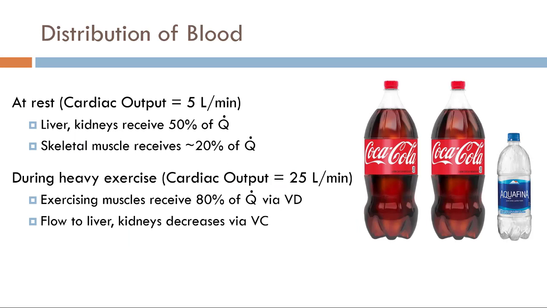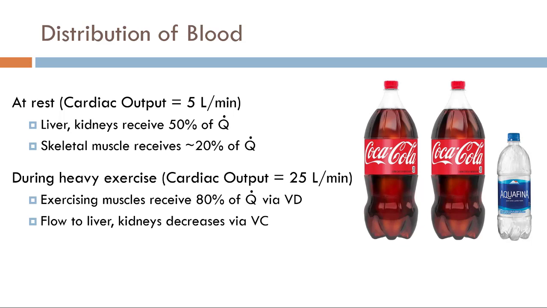Now, at rest, as I said, your cardiac output is about 5 liters per minute, and the rest and digest part of the body, like your liver, your intestines, digestion, and processing, takes the majority of that. Even at rest, though, your skeletal muscles receive about 20% of your cardiac output. During heavy exercise, so now you're looking at a 500% increase, your exercising muscles receive about 80% of the cardiac output, and your rest and digest aspect slows down.